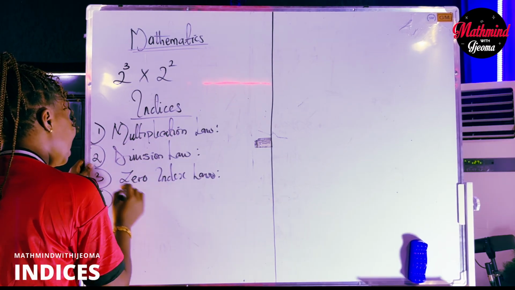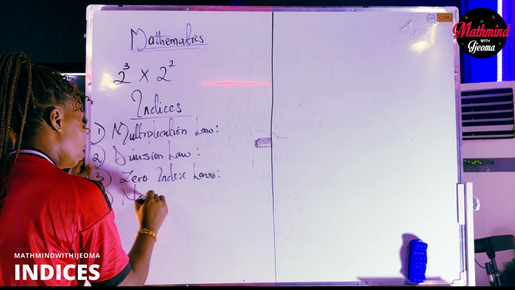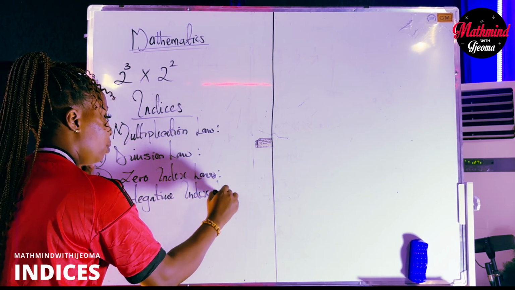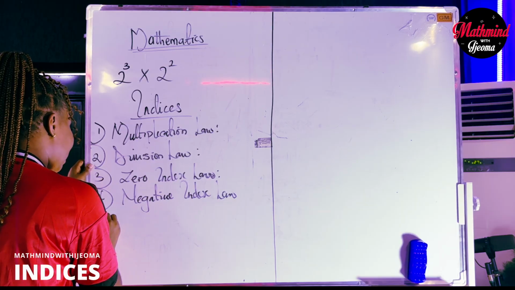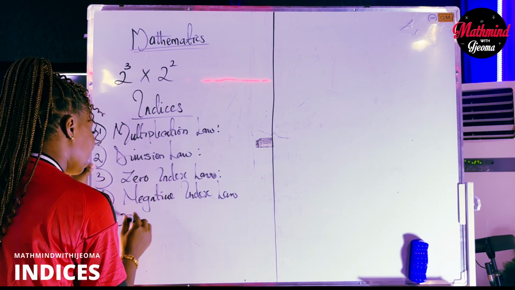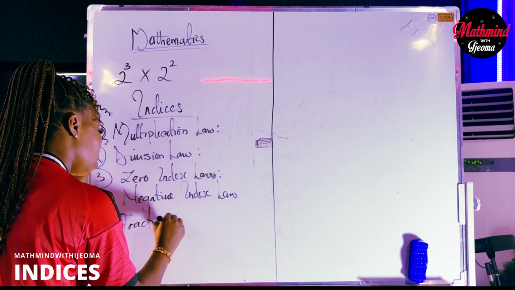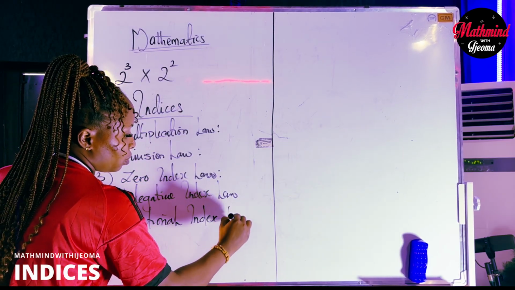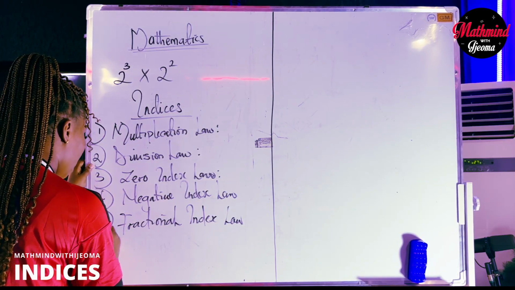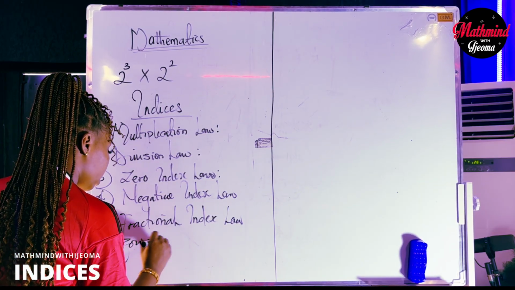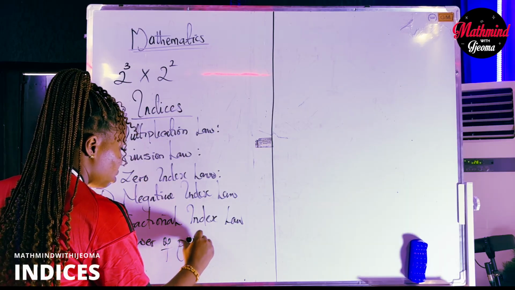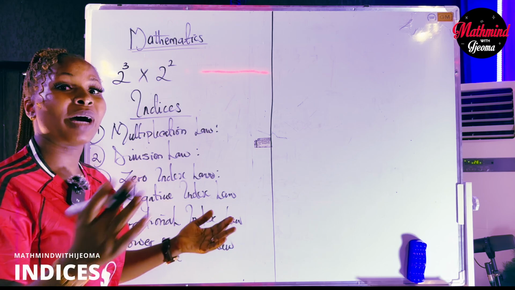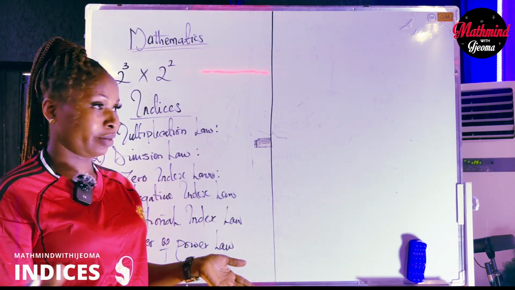The fourth is the negative index law. The next is the fractional index law. And the last one, the power of power law. Now, we'll be talking about these laws one after the other.